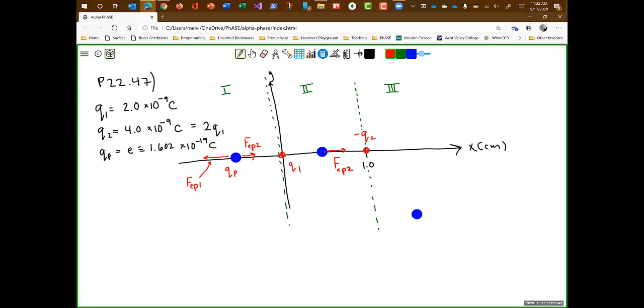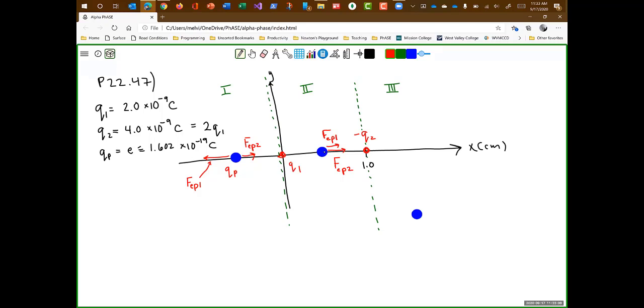And charge 1 will still repel the proton, and charge 1 having half the magnitude of charge as charge 2, maybe I'll draw this vector a little smaller, but notice the electric force on the proton from charge 1 is also pointing in the positive x direction.